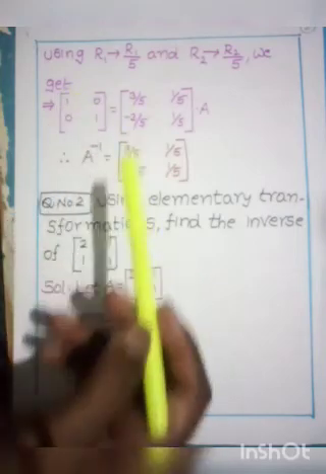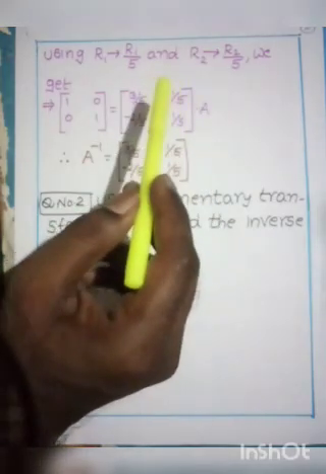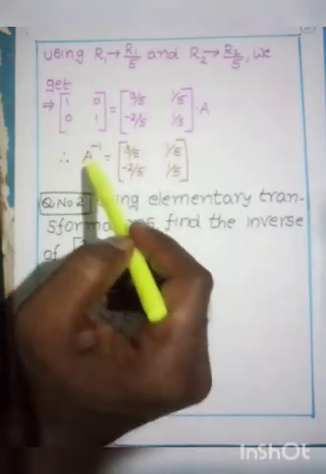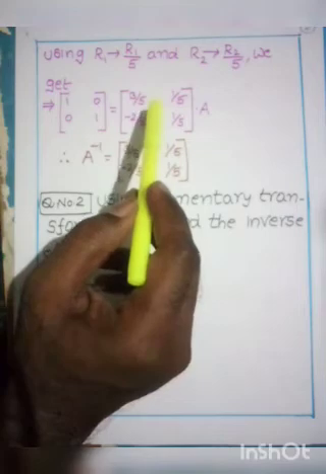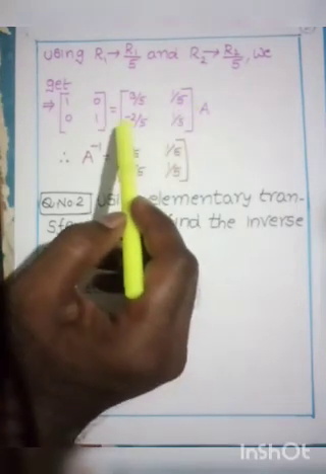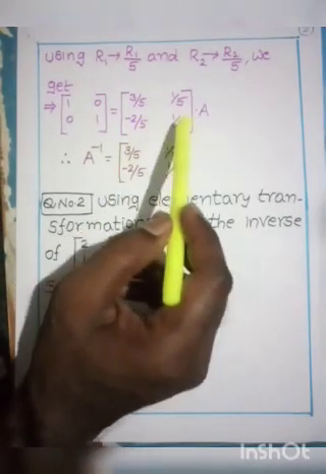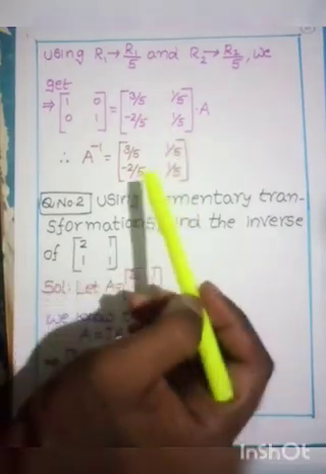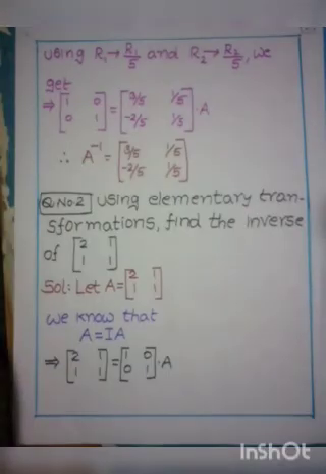So we say that this matrix is the inverse of the matrix A. Therefore A inverse is equal to 3 by 5, 1 by 5, first row; minus 2 by 5, 1 by 5. This is the inverse of the given matrix. Understood, my dear children? Right.